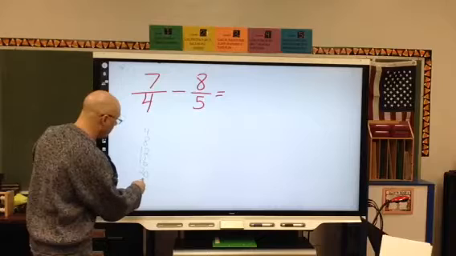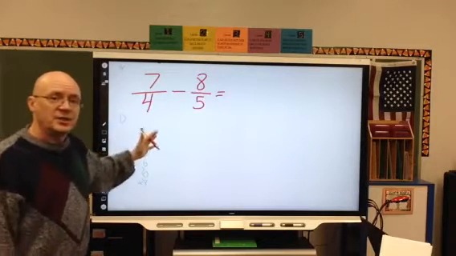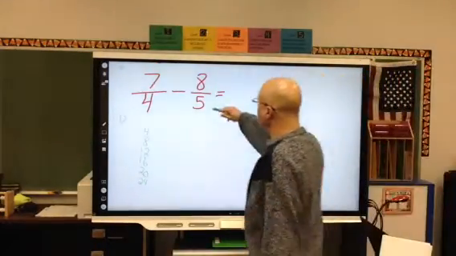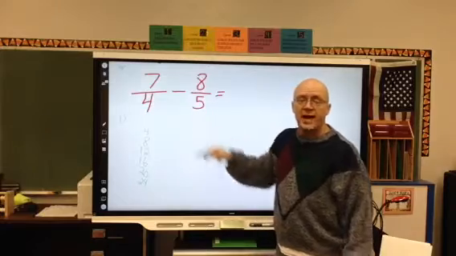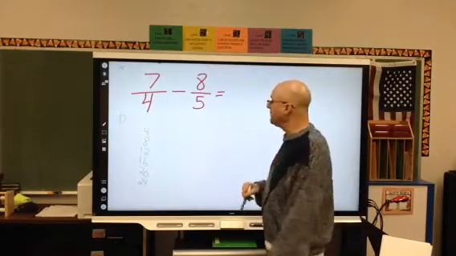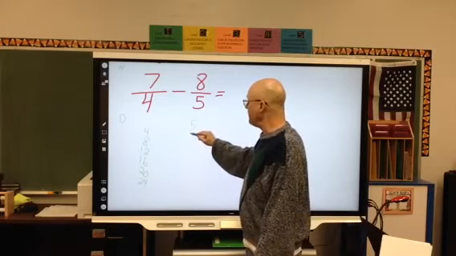Now, we're going to take our larger fraction and do some multiples of that and see if we get any of these numbers as multiples of this denominator of 5. So we got 5 times 1 is 5. 5 times 2 is 10.